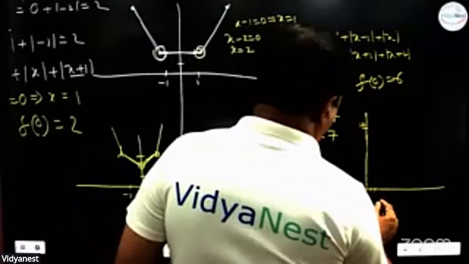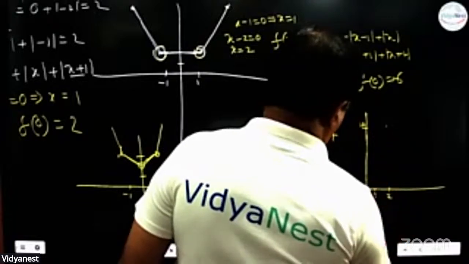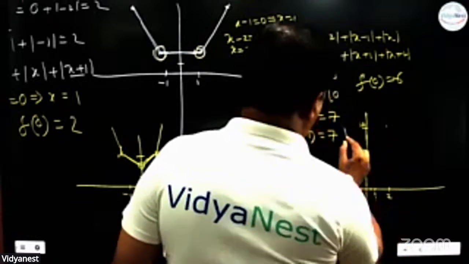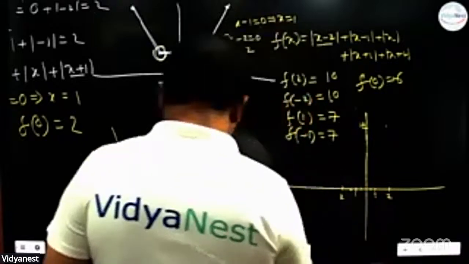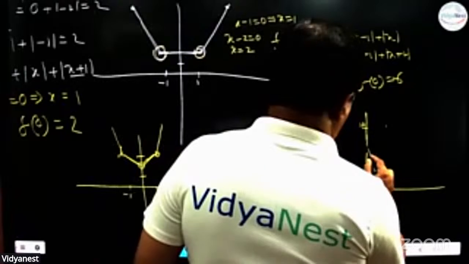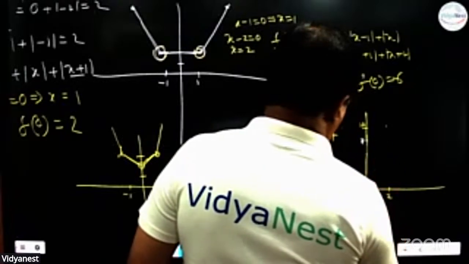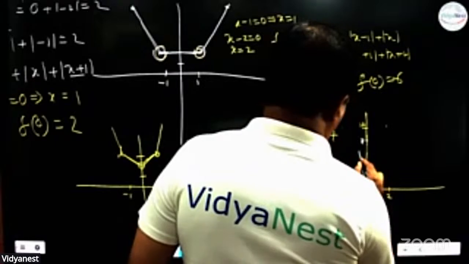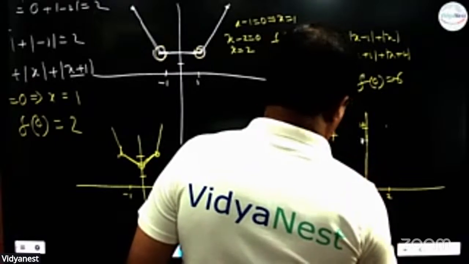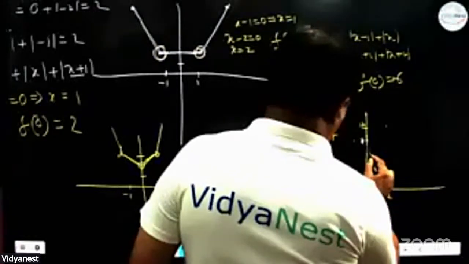This is 1, this is 2, this is 10, 1, 2, that is 10. And at 1, it is 7. At minus 1, it is 7. At 0, it is 6.